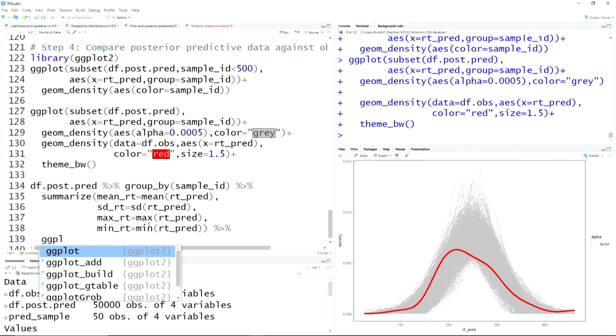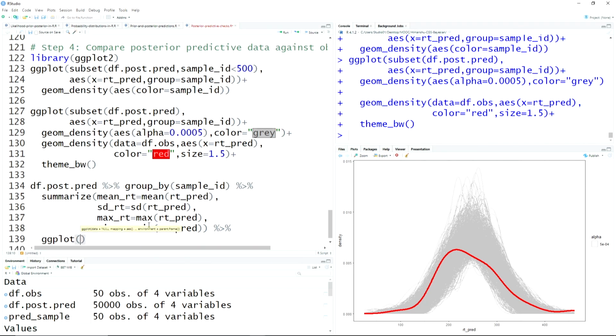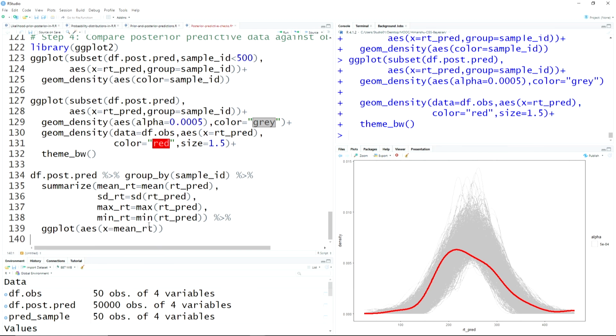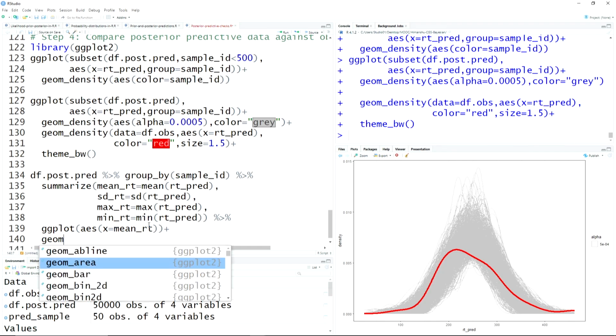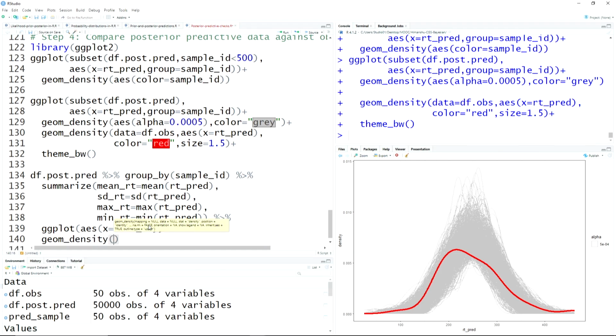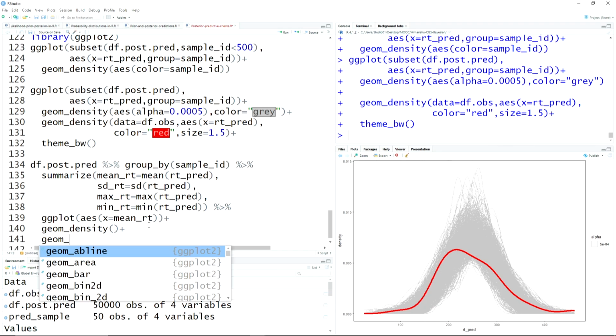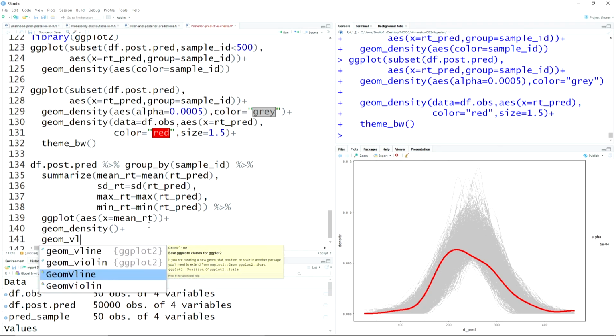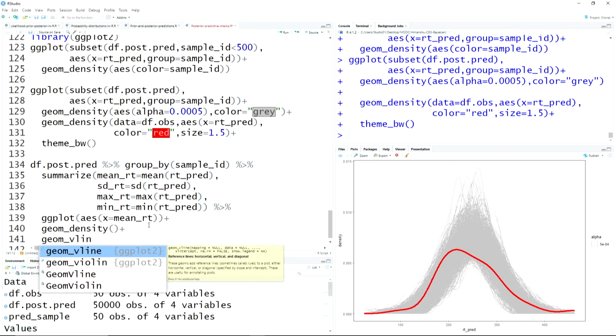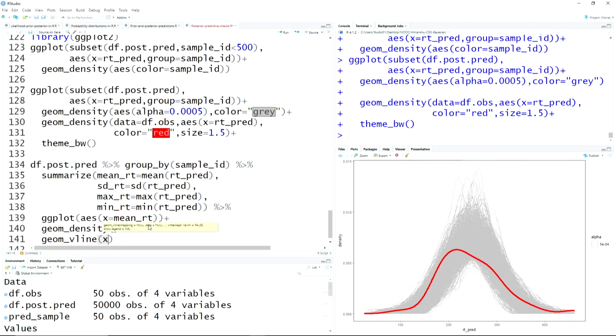Now you can plot them. Okay, easy plot, aesthetic. Let's say mean RT. Let's focus on mean RT first. So draw a density plot of mean RTs. Now you can add a vertical line which shows the actual observed mean RT.